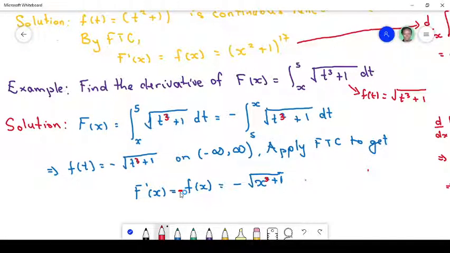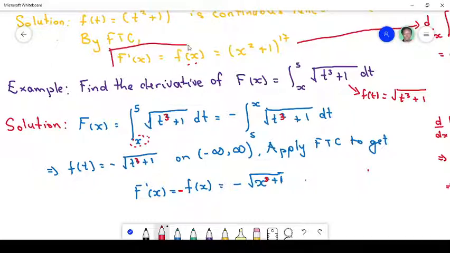Because x is at the lower bound of the integral. When x is at the lower bound of the integral, the result becomes negative, compared to when x was at the upper bound, then it was equal to this.